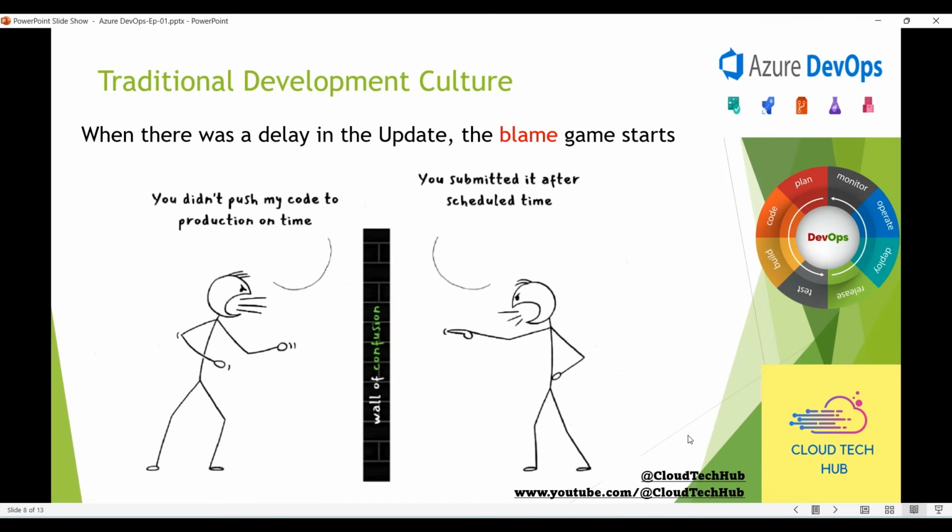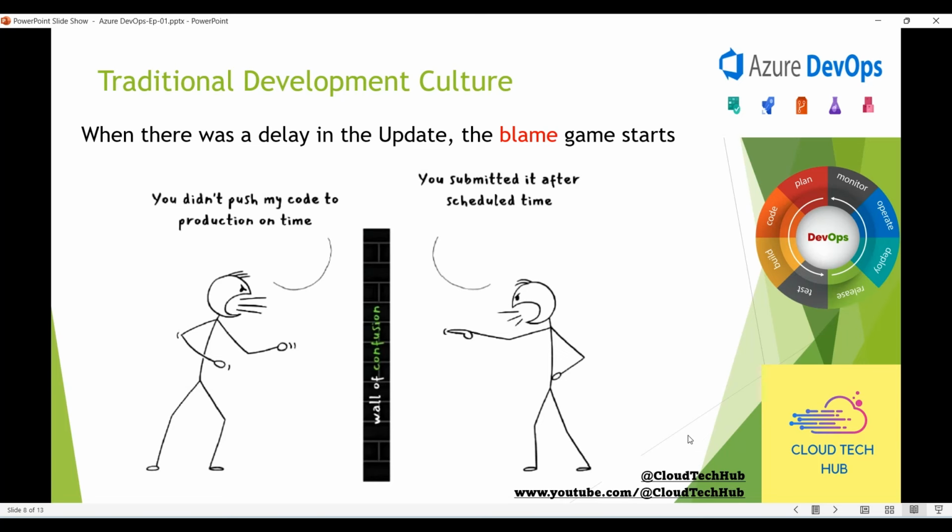As both teams work on their own independently, we often see blame games. Since both teams work on their own timelines, the software development team sends the product upgrade to the operations team for deployment, and they say that the operations team didn't deploy their code on time.